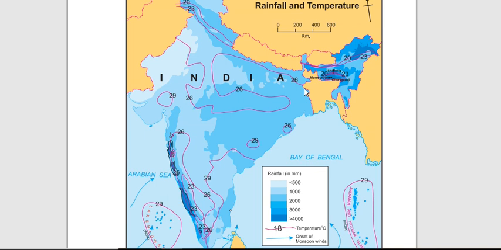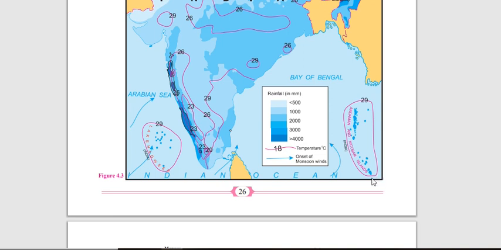India is located in the northern hemisphere. The latitudinal extent of India is 8 degrees 4 minutes north to 37 degrees 6 minutes north. Indira Point in the Nicobar Islands is the southernmost point of the Indian territory.